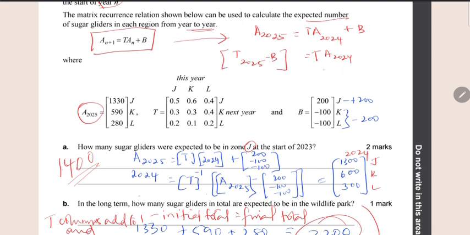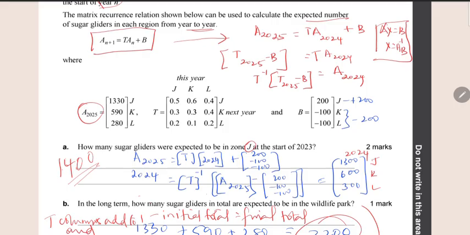A 2024 is then T inverse times this matrix that you have got. This is the concept: AX equals B, X equals A inverse B. So this is an application of that concept.